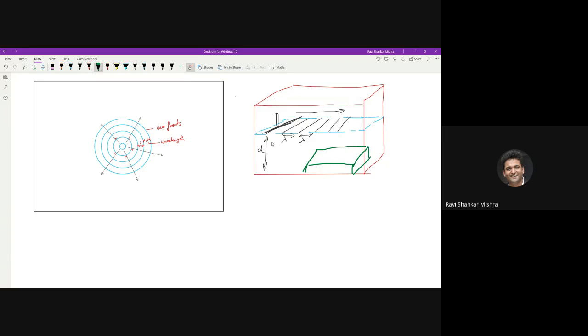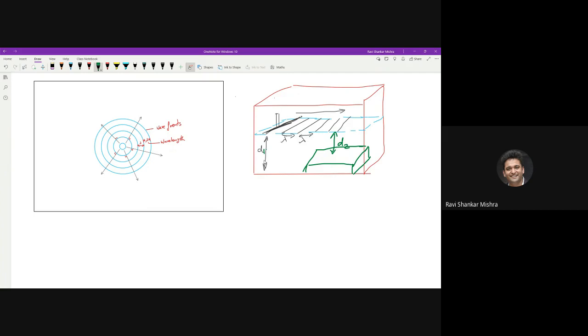Here the distance is d1, and here the distance is d2. So here the water is shallow and here the water is deep, right? Do you understand what I'm talking about? In this situation there will be a change in the wavelength. We will be talking about that in the part of refraction. So it is a kind of refraction.